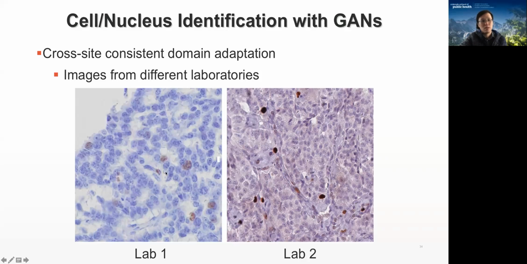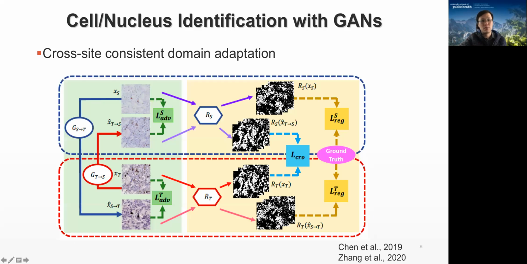So if you train a model for cell detection or identification using images from lab 1, it will probably fail in lab 2 because the intensity looks very different. The distributions are totally different in these cases. So here we further improve the previous method by introducing a cross-site consistent constraint, which is shown here.